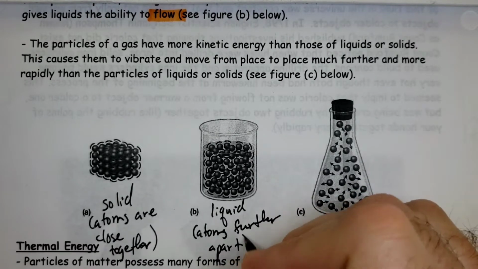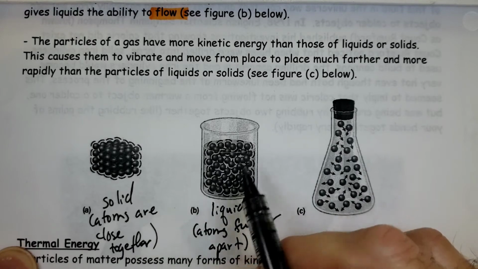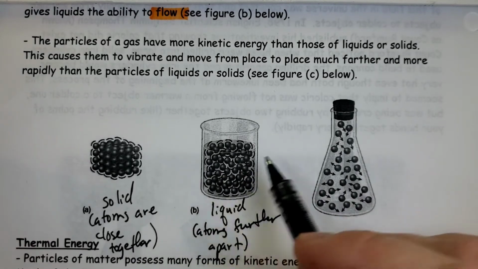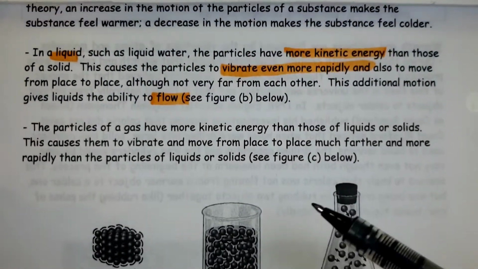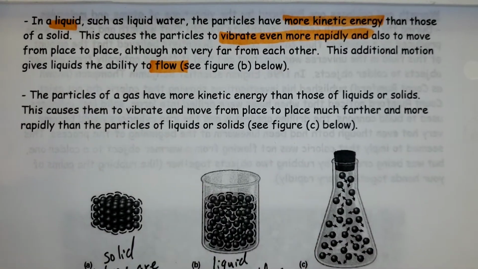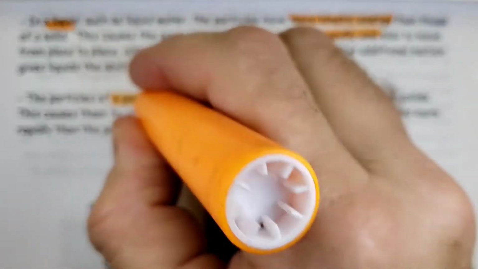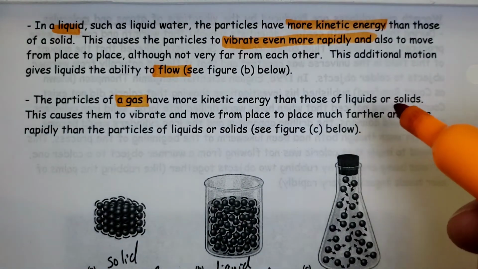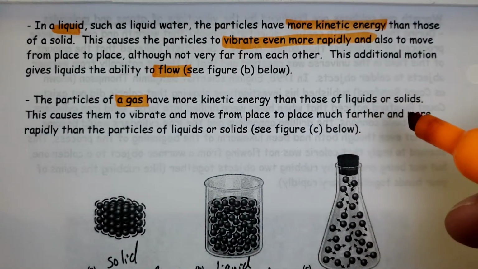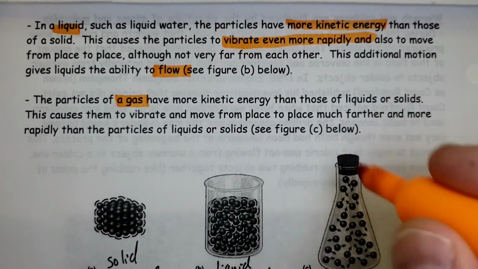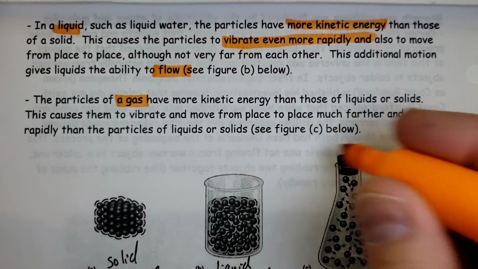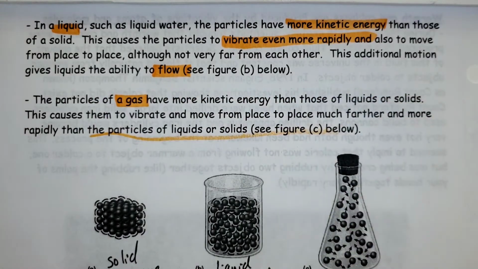So solids vibrate, liquids, the molecules and atoms are moved further apart so they can actually flow past each other. And then lastly here, the particles of a gas have even more kinetic energy than liquids or solids. They can vibrate more rapidly, and you can think of the word there is float around. So they can float.